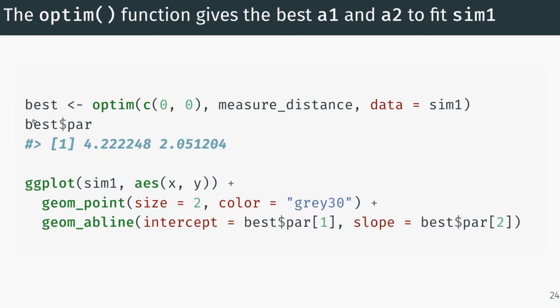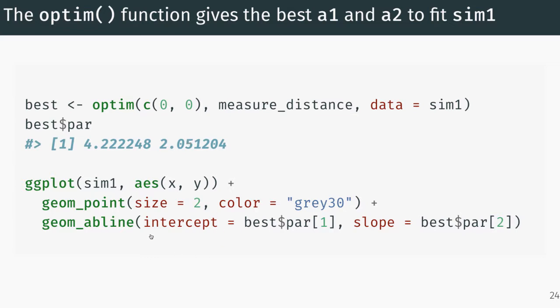It's going to spit out an object which, among other things, has as coefficients the best possible pair of intercept and slope, and that's in this variable best$par. So best$par bracket 1 is the intercept, and best$par bracket 2 is the slope of the best result.